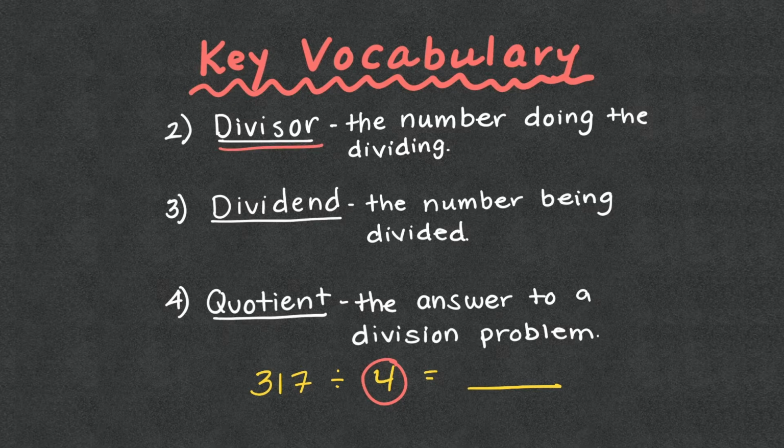Our dividend, the number that is being divided, would be 317. And our quotient, which is our answer, would be right here. I may also refer to these by their names, so just make sure you understand that that's what we're talking about.